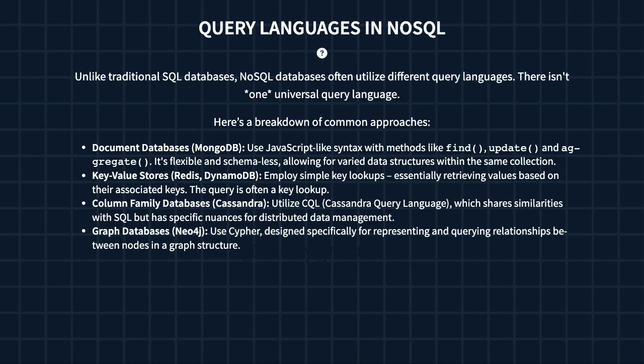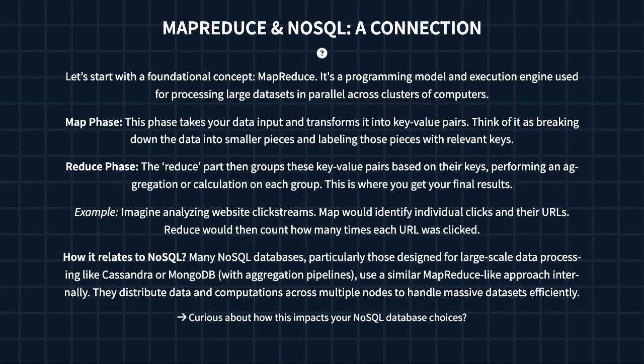You just look up values by their keys. Column family databases such as Cassandra use a language called CQL that's similar to SQL but optimized for how they handle data across multiple servers. And then there are graph databases like Neo4j, which have their own specialized query language called Cypher, perfect for exploring relationships between things.